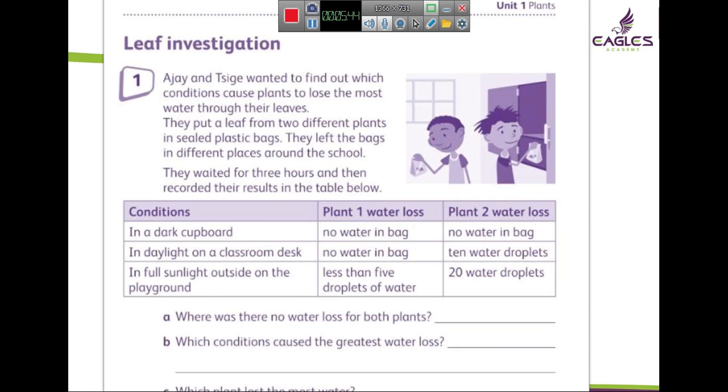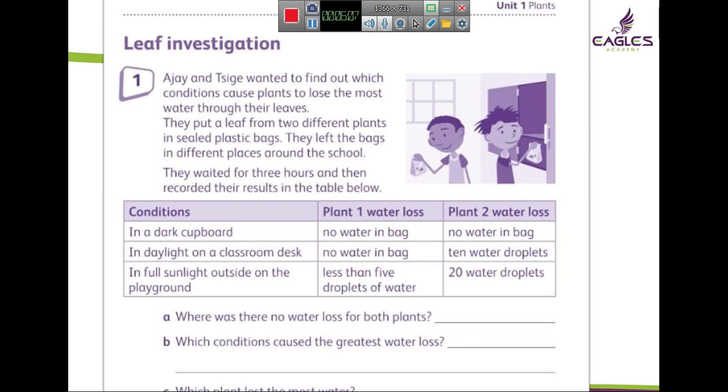So number one is when they left the plastic bags in a dark cupboard for about 3 hours, no water in the bag. So if we don't have any water in the bag, this means that plant number one did not lose any water.